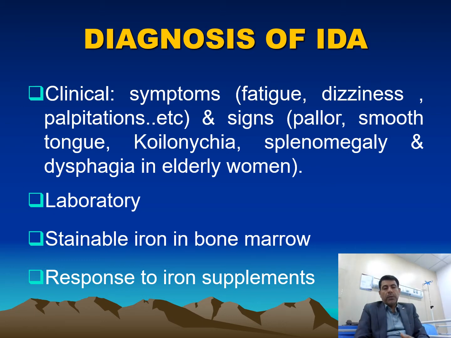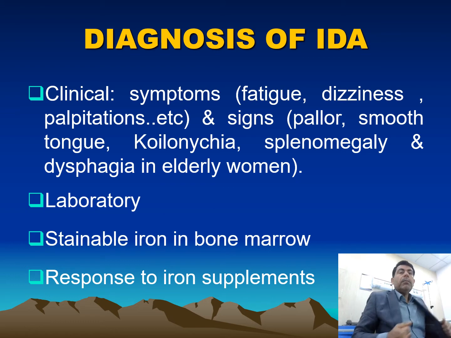Now, how can we diagnose the patient with iron deficiency anemia? First, from history, as in other diseases. Then the clinical signs and symptoms of a patient with anemia: fatigue. The patient can present with just fatigability or dizziness or light headache or just palpitation. And there are signs.